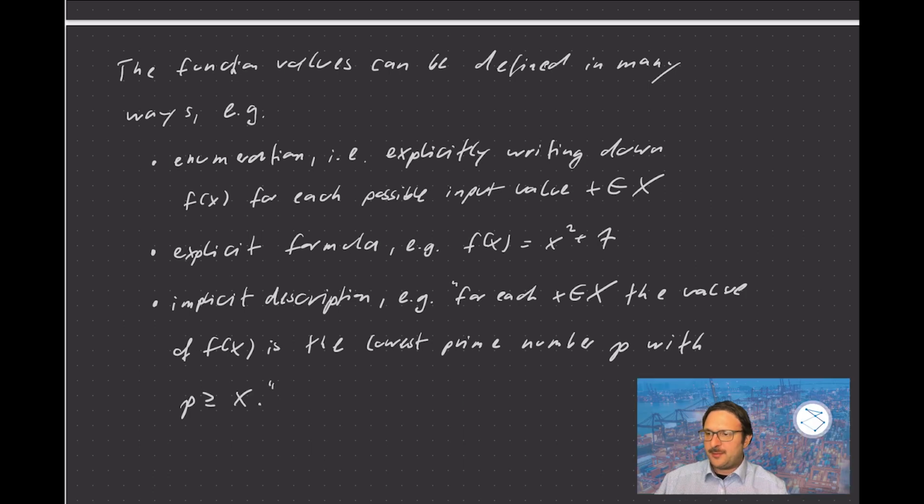So if x is a prime number, you take x itself. If not, then you just take the next prime number that comes after x. That is a unique definition. Each input has exactly one function value that's assigned to it. Several inputs will have the same function value, but that doesn't matter for a function definition. So that was also a possible way of assigning a value.